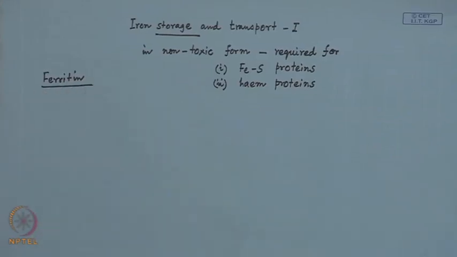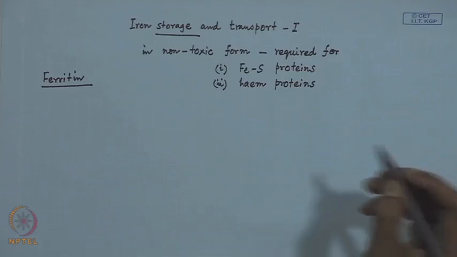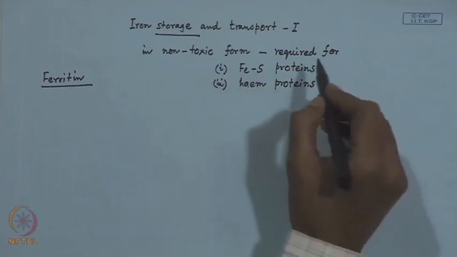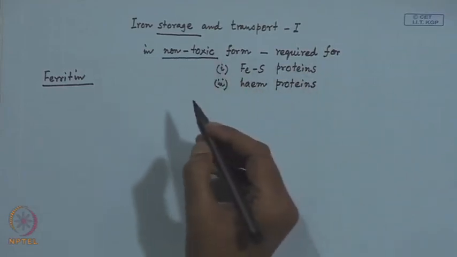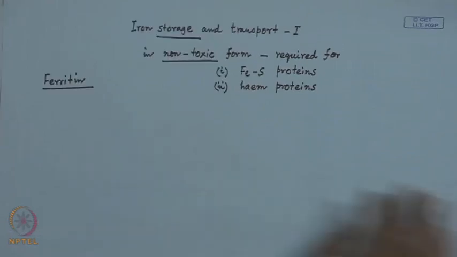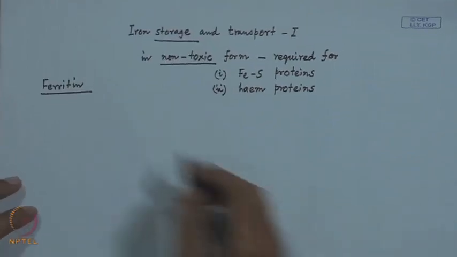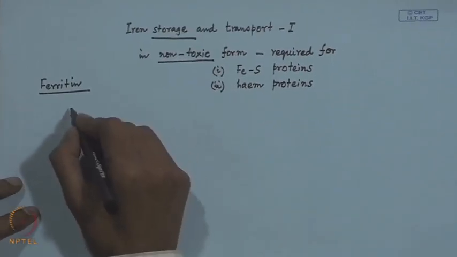One such important biomolecule for this storage is ferritin. We will see how this iron can be stored, and in most cases the non-toxic form of iron is important, because of the unbound iron.